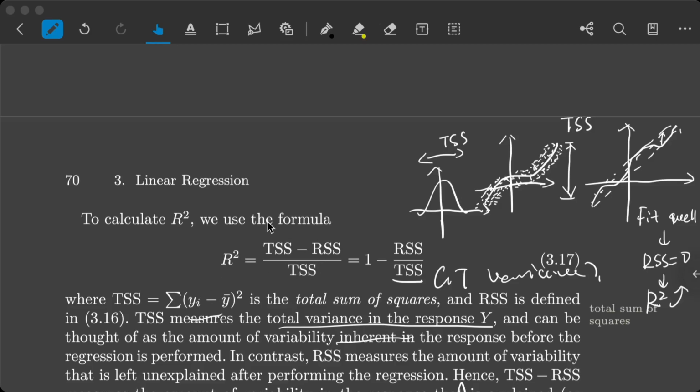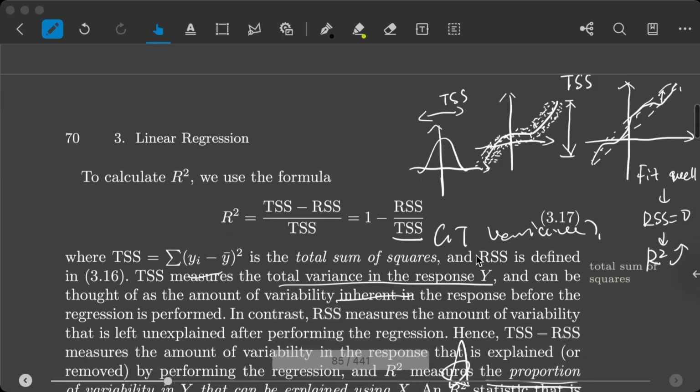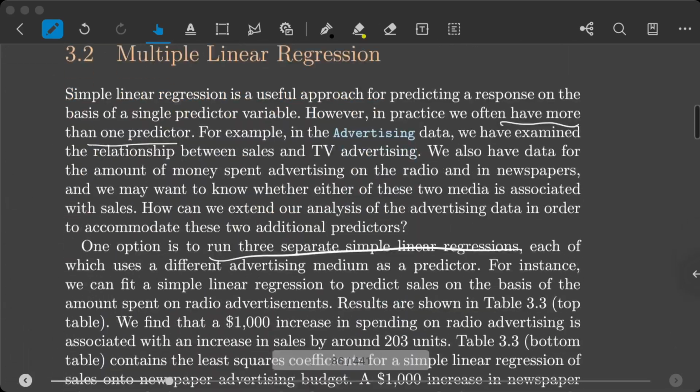So generally the value of R-square is always between 0 and 1. When it's 0, it means we do not explain anything better than a random guess. And when it's close to 1, it means we have made a good estimation. Great.